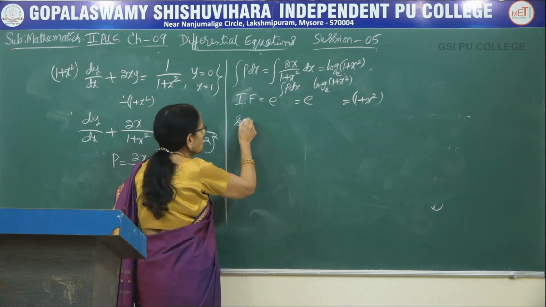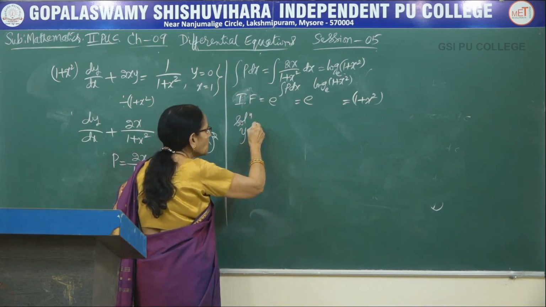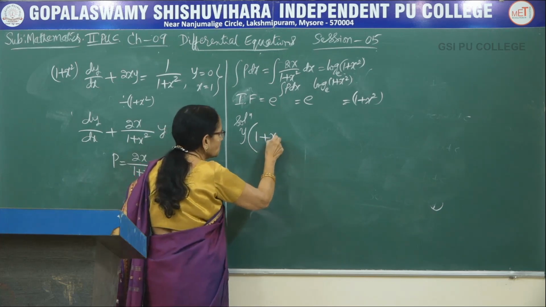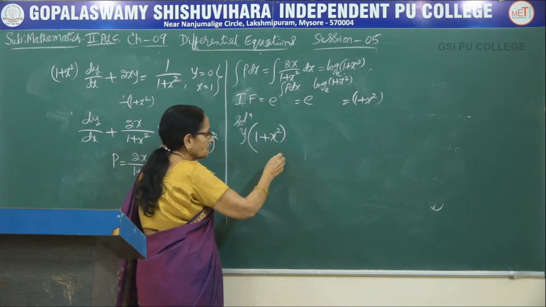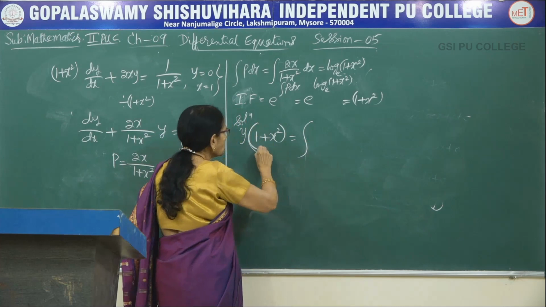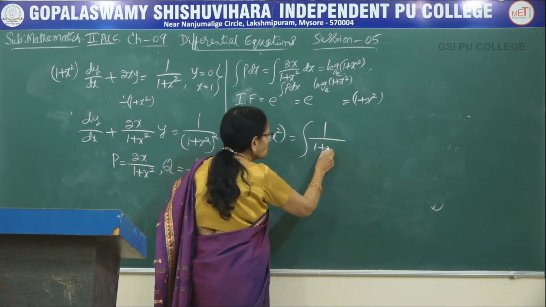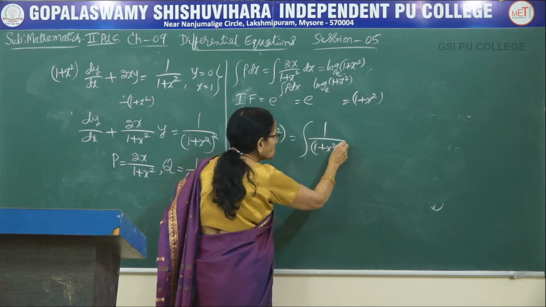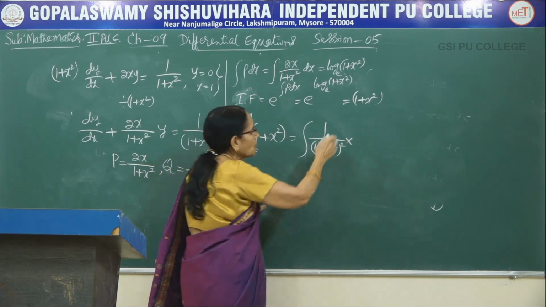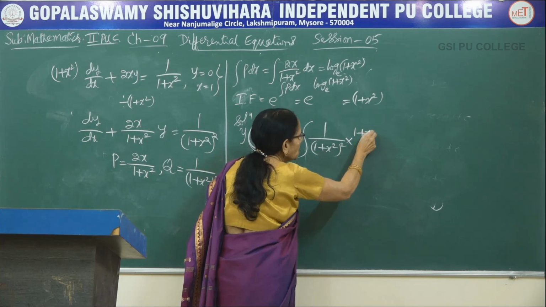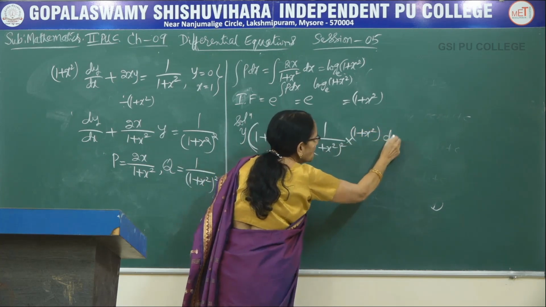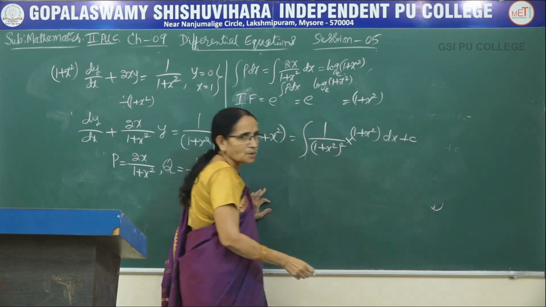Therefore, the solution is y into the integrating factor, that is 1 plus x square, equal to integral of q into the integrating factor dx plus the constant. Q has already been calculated: it is 1 over 1 plus x square the whole square, and the integrating factor is 1 plus x square.